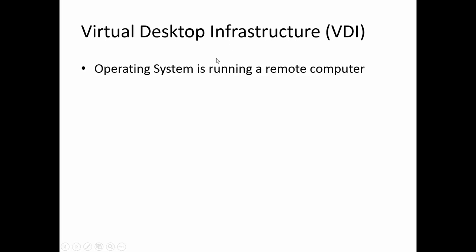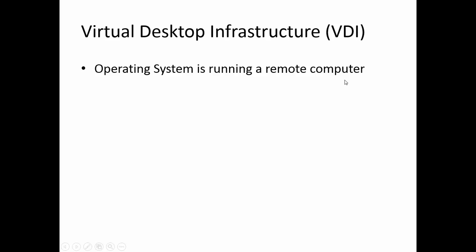In VDI, the entire operating system is running on a remote computer. It's sort of like application virtualization, but in application virtualization, only the application is running on a remote computer.